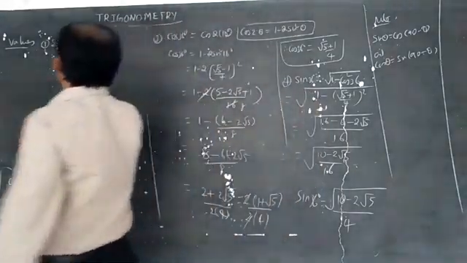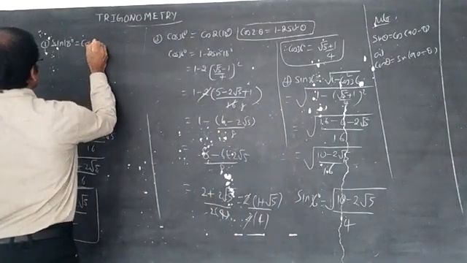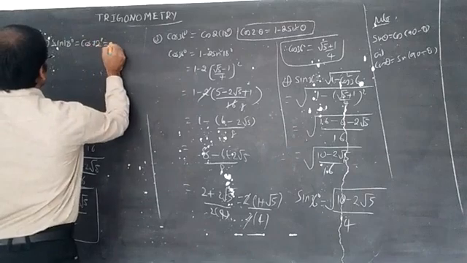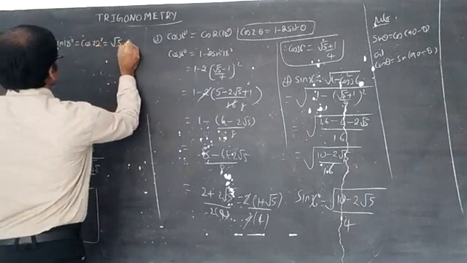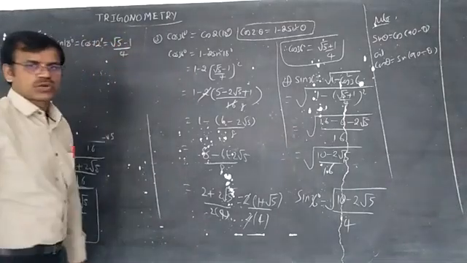So sin 18 degrees is equal to cos 72 degrees is equal to (root 5 minus 1) by 4.